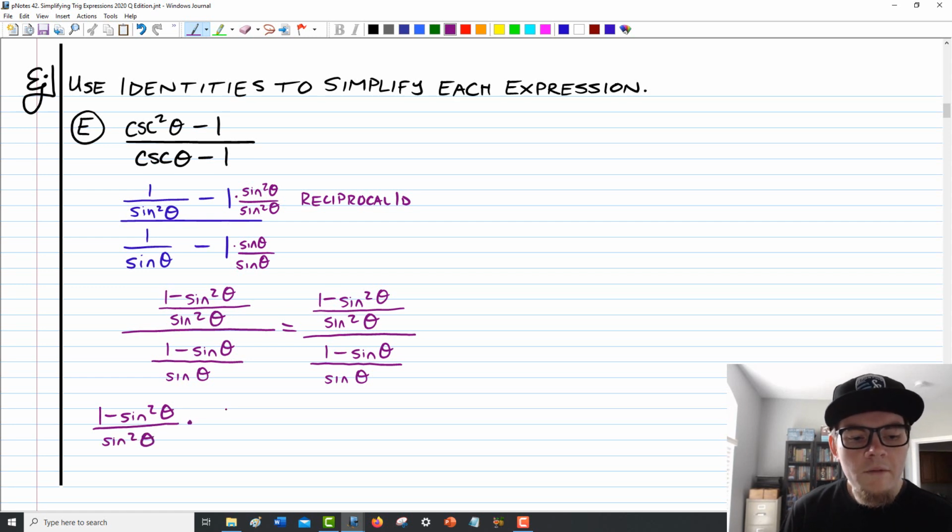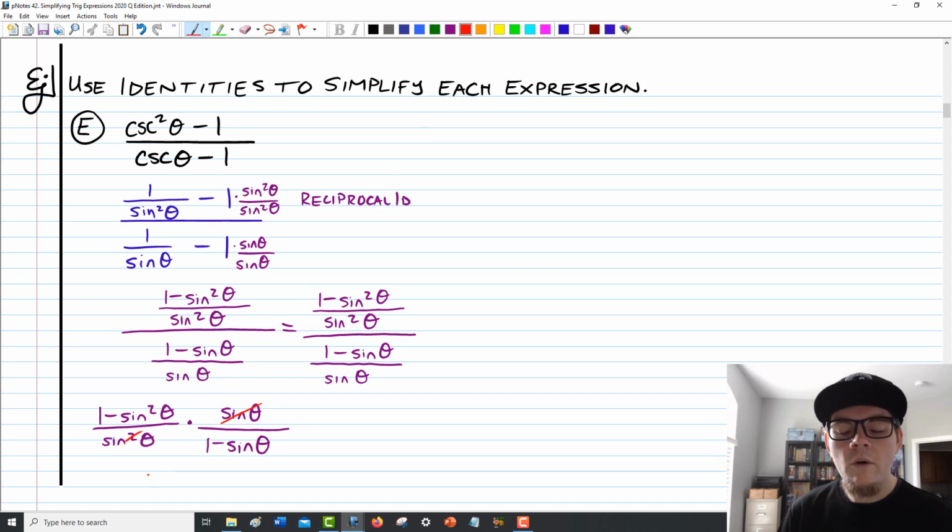And then I'm going to multiply by the reciprocal, sine of theta over 1 minus sine of theta. In doing that, I haven't really accomplished anything, but I notice a couple things right away. First and foremost, I notice that sine of theta and sine squared of theta are going to simplify into just a single sine of theta down there in the denominator.